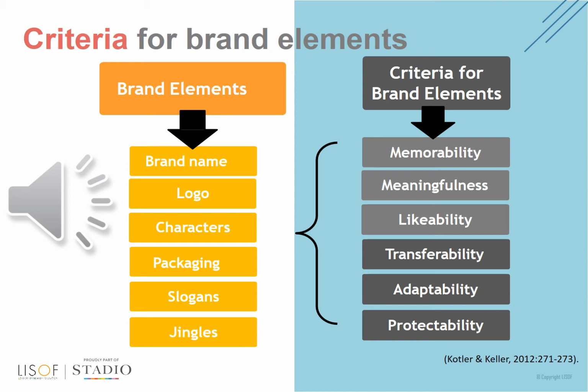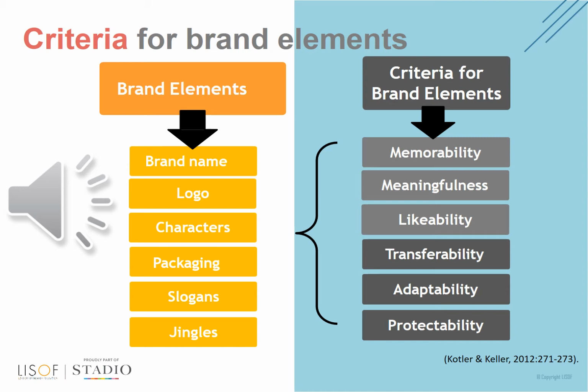Then it must be likable, meaning our customers or the public must be able to make a positive association with our brand elements. Then it must be transferable, which means our customers must be able to transfer their understanding of our brand to other types of products within these brand elements.